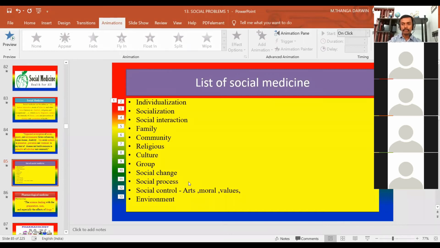Then social control. Every means of social control is used as a medicine. Then environmental medicine. For example, in social control, COVID-19 has been treated and controlled by controlling the people by means of prevention of contact, etc.